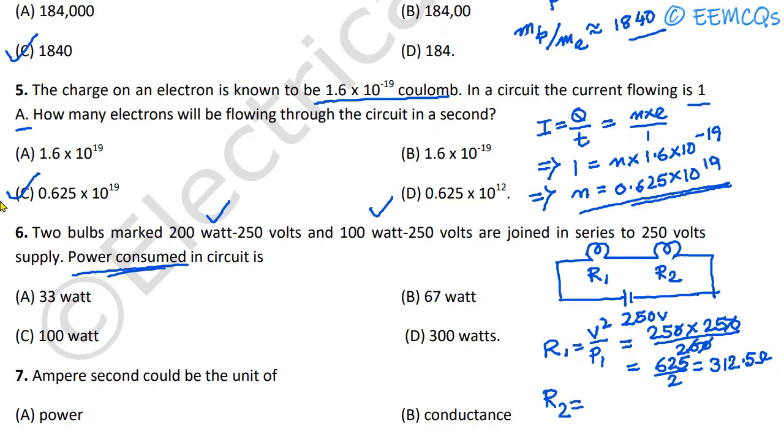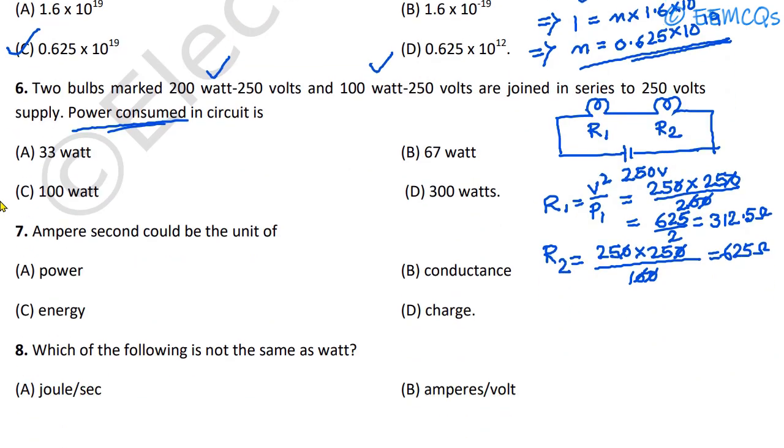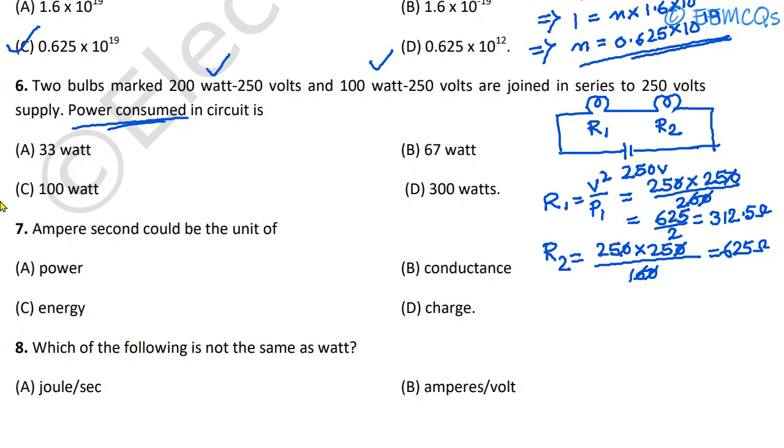R2 similarly will be 250 into 250 divided by 100. So you will get this as 625 ohm. So the total resistance here will be Req equal to R1 plus R2. That will give you 937.5 ohm.